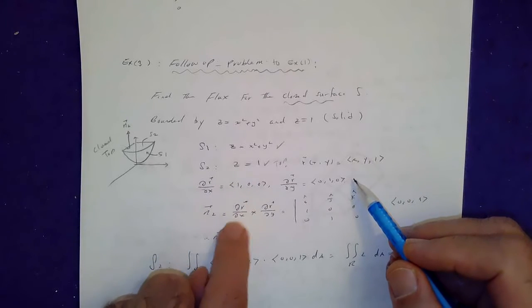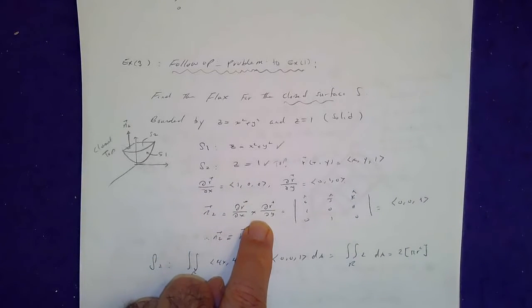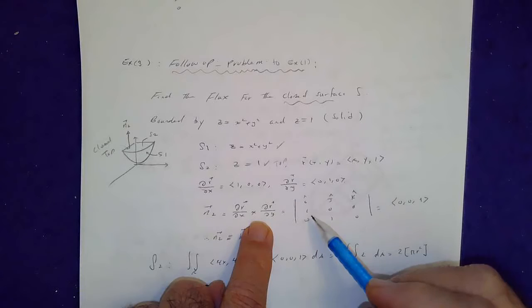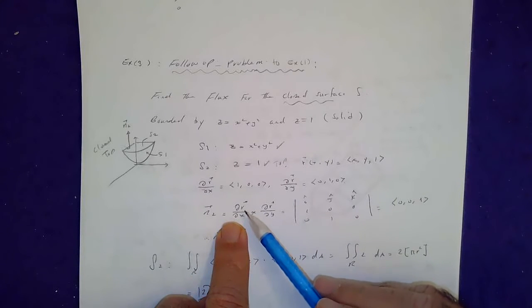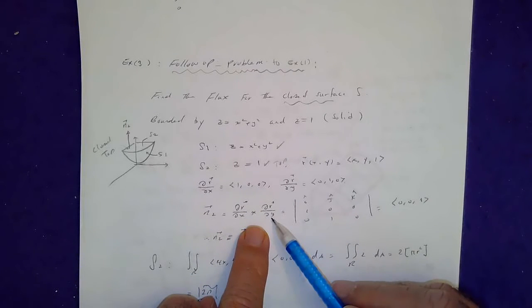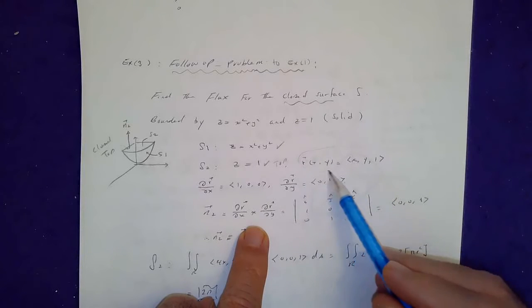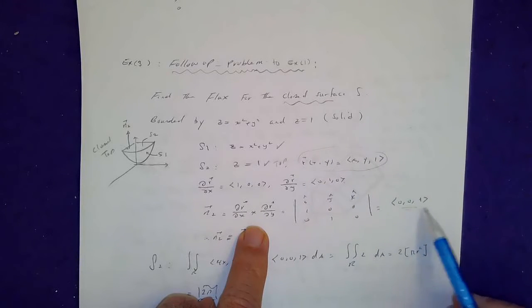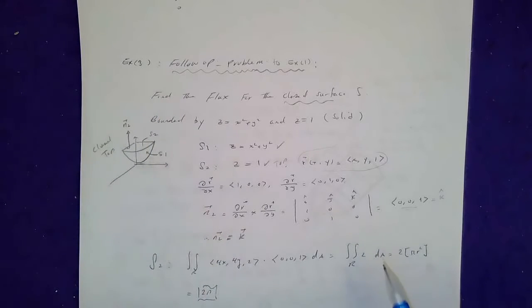Take its cross product of the partial derivatives of r with respect to x and r with respect to y. You get this, which is the same as the k vector. And it's pointing out, so I'm good to go.